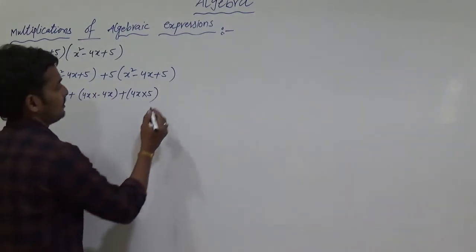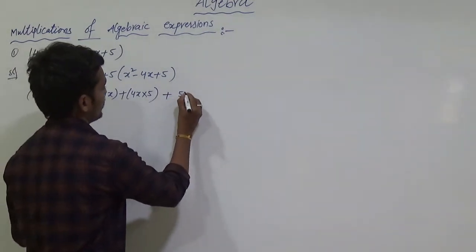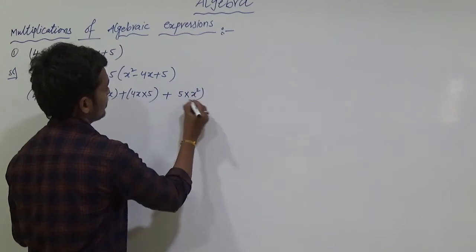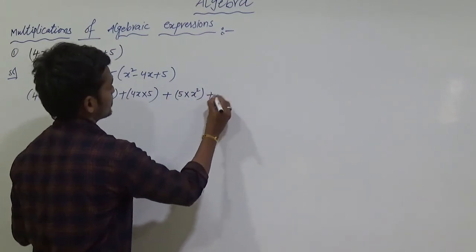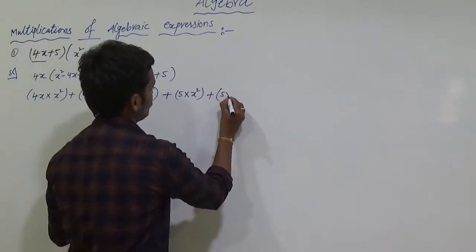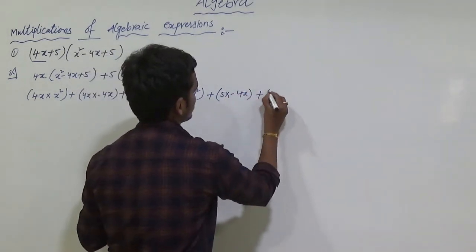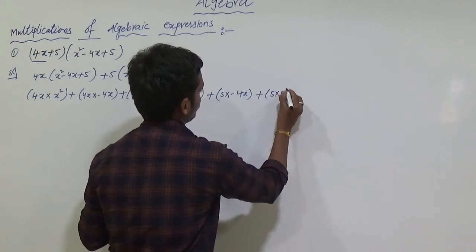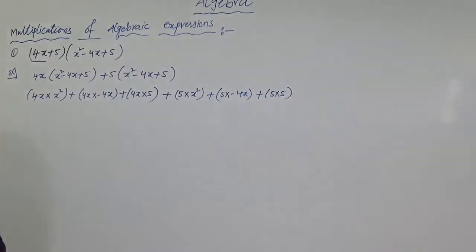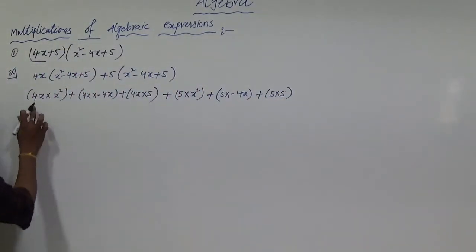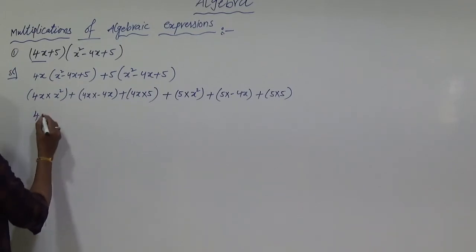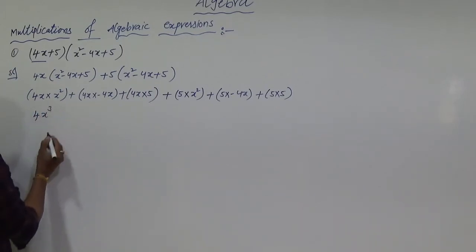The same way here, plus 5 into x square, plus 5 into minus 4x, plus 5 into 5. Now here, 4x into x square is x cube.